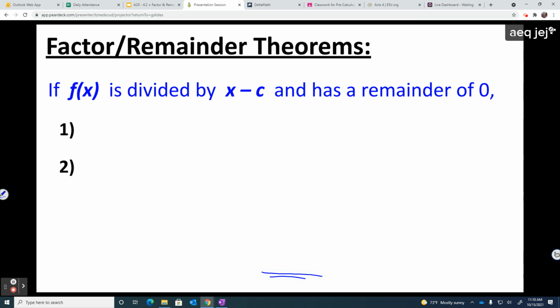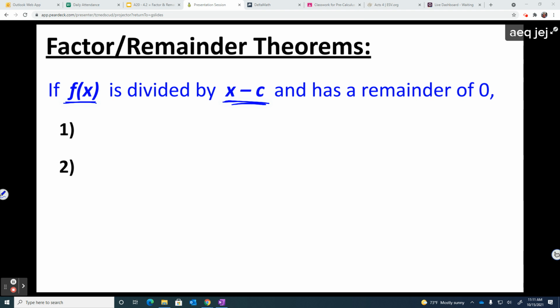We talked about factored form yesterday, so it's going to be using a factor, and basically we're going to take a polynomial function. The theorem says if we take a polynomial function and we divide it by a factor, and when we divide it, we get a remainder of 0.